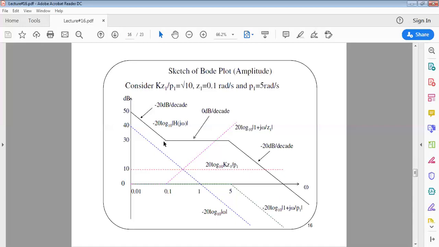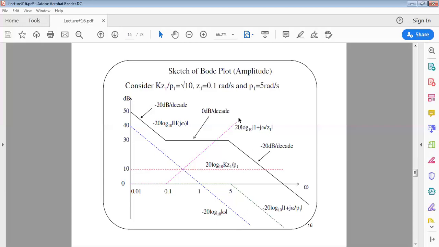So that is why we are going to have a slope of 0 dB per decade, and it will continue as long as the two slopes remain. These two slopes will continue from 0.1 to 5. At 5 there are three slopes now: the pink color of positive 20, the green color of negative 20 dB per decade, and the blue color of negative 20 dB per decade.